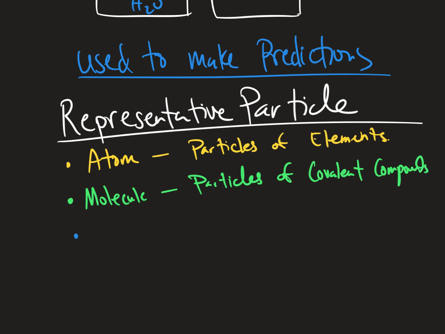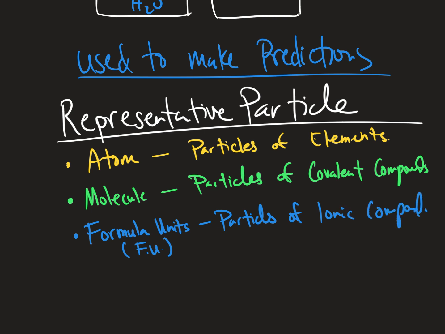And particles for ionic compounds are called formula units. Can be abbreviated if you want. Okay. These are particles of ionic compounds.